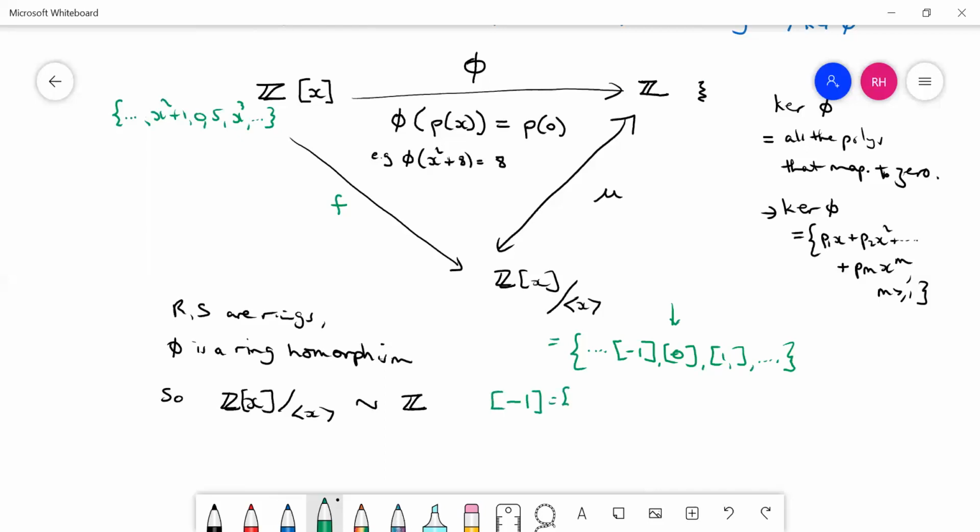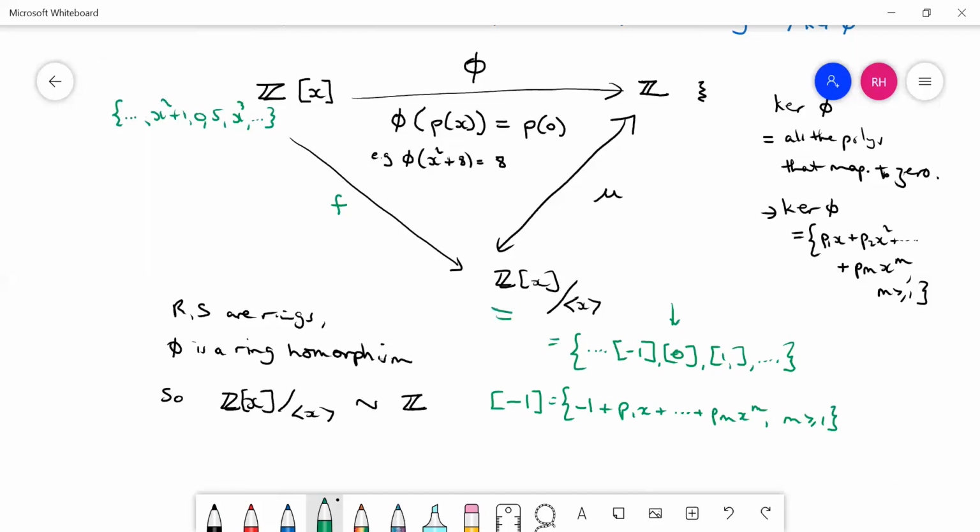That is the set of all polynomials with a constant coefficient of -1. So it's -1 plus p1x plus ... plus pm x to the m, where m is greater than or equal to 1. And as we've said, all the coefficients are integers. So that's what this looks like.